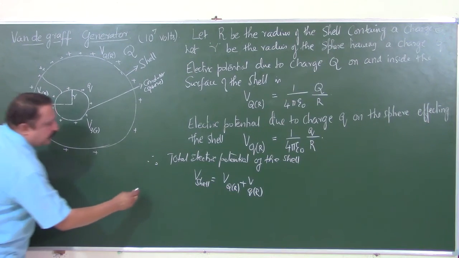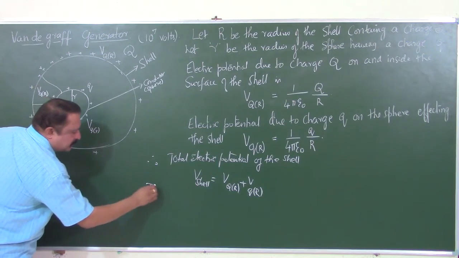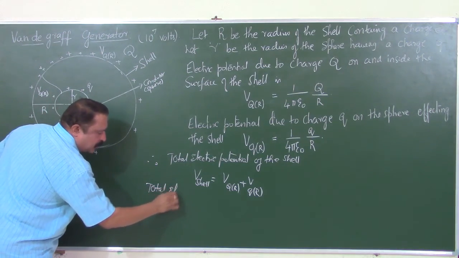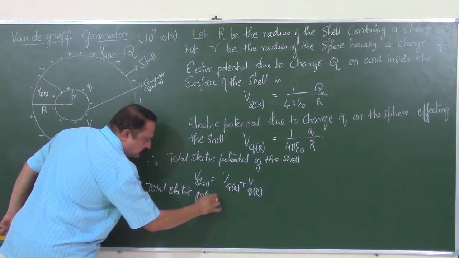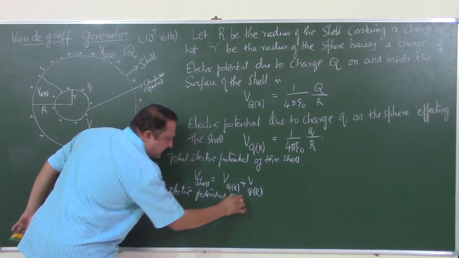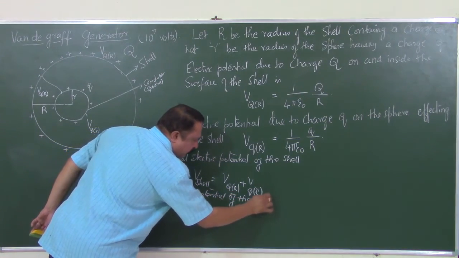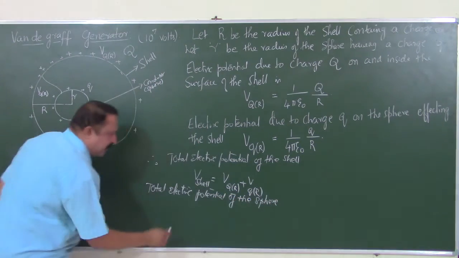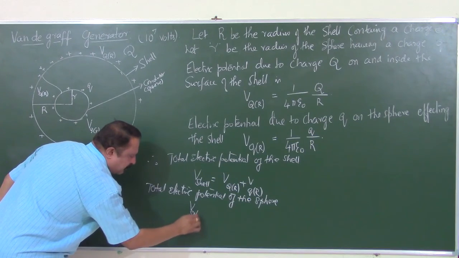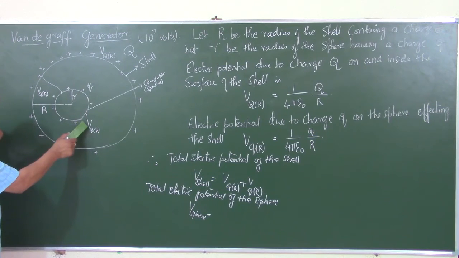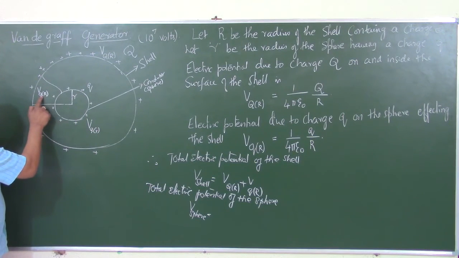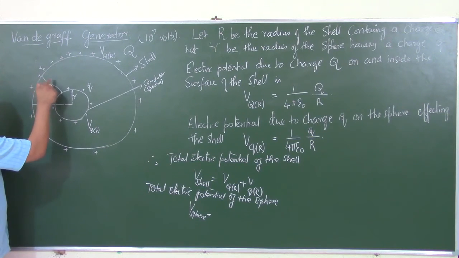What is the total electric potential of this sphere? I took it for the shell, now I am taking it for the sphere. V sphere is equal to, now it has an electric potential of V_q of r, and it is also experiencing V_Q of R, which is present inside also.